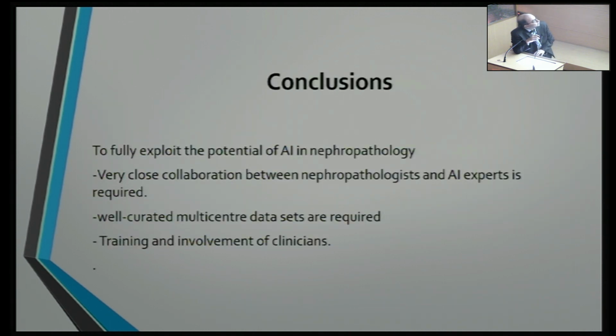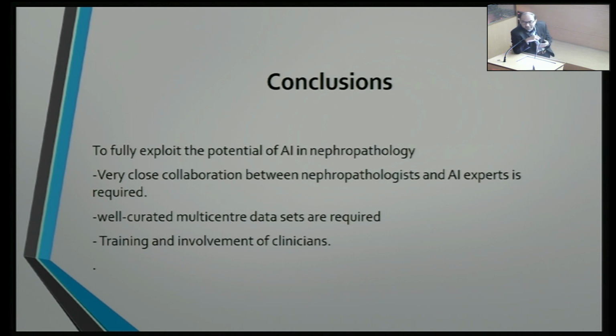So to fully exploit the potential of artificial intelligence in nephropathology, very close collaboration between nephropathologists as well as AI experts is required, wherein each of these groups understands the complexities as well as the limitations of the other field. For example, a nephropathologist has to understand that not everything can be represented by an AI-based model, so they have to understand the limitations.